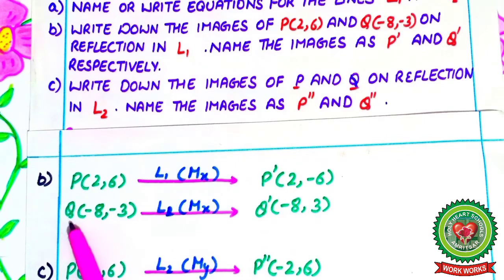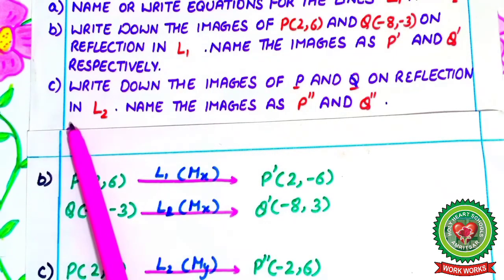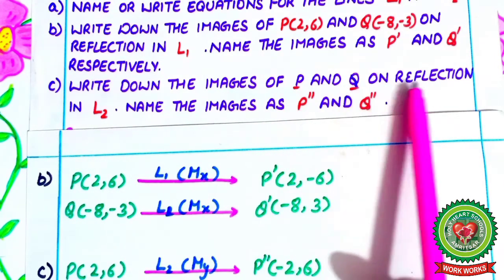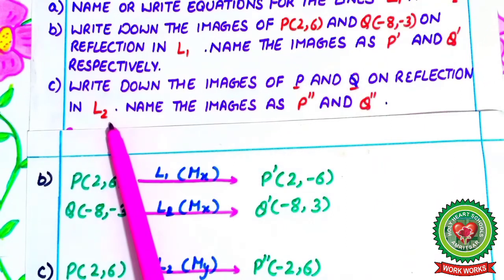Similarly, Q coordinates are (-8, -3), and after reflection in the x-axis, the coordinates of Q dash are (-8, 3). Now the third part is: write down the images of P and Q on reflection in L2.